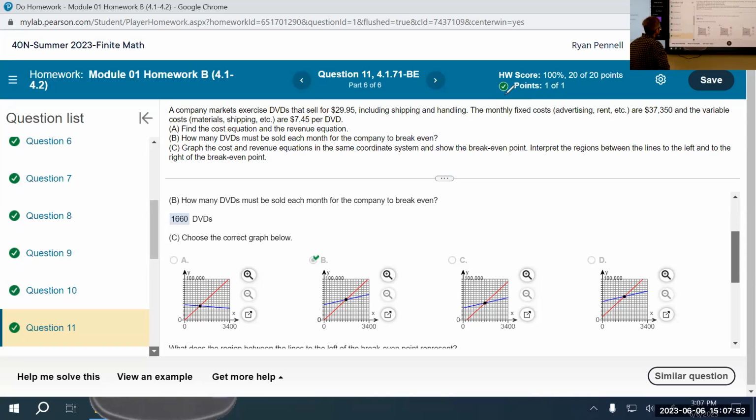So that's two lines. One of them goes through 0, 0, and one of them doesn't. And I don't know why, but for some reason I think of revenue as red, and I think of cost as blue.